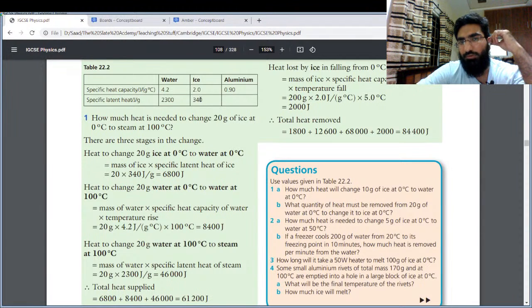So if it's from ice to water, I have to give this much heat. If it's from water to ice, I should extract this much heat. Similarly, from water to gas, I have to give this much heat, and if I want to convert from gas to water, I should extract this much heat so that it becomes water. We'll be using latent heat of fusion, correct? So 20 times 340 would be how much?